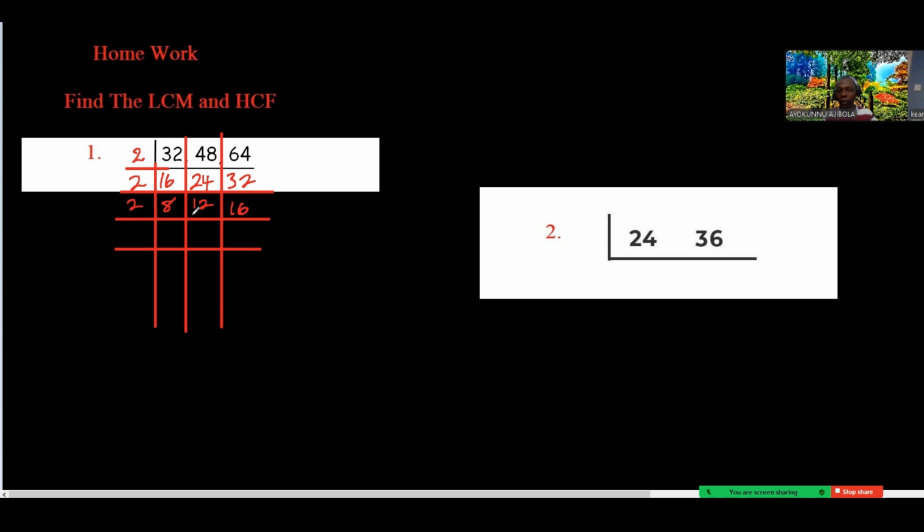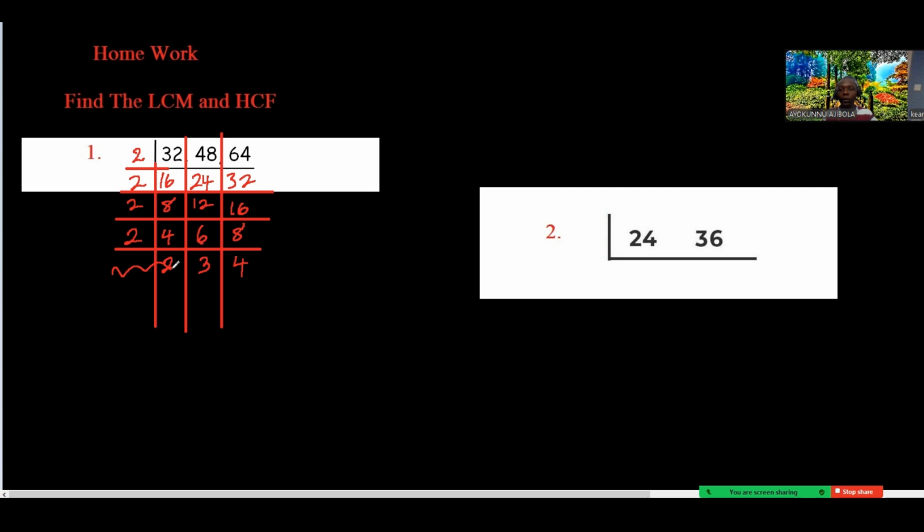Then 2 can still divide them. 2 in 8 is 4, 2 in 12 is 6, and 2 in 16 is 8. I can still use 2. So 2 here is 2, 2 here is 3, and 2 here is 4.